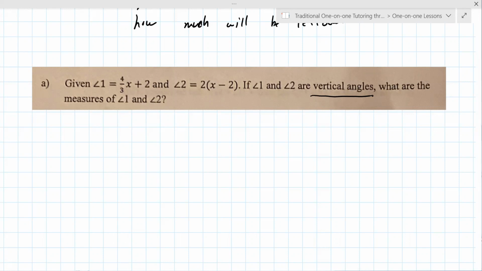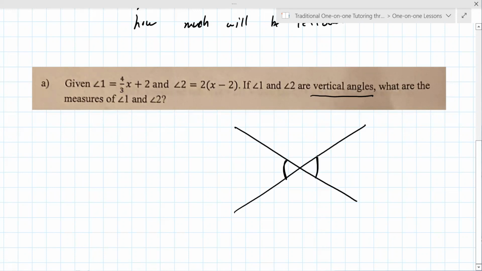What does it mean if they're vertical angles? Do you remember that from class? Vertical angles, they're like the same angles. They're intersecting, they share a vertex.